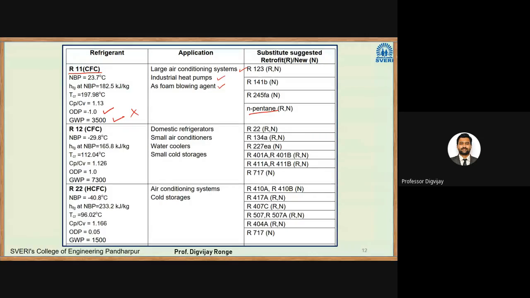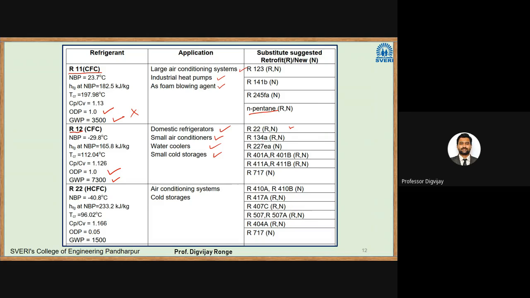Similarly, we have R12. Its ozone depletion potential is 1 and global warming potential is 7300, and it was previously used in domestic refrigerators, small air conditioners, water coolers, and small cold storages. Now that it is phased out, it is replaced with R22, which will also be phased out in the coming years.